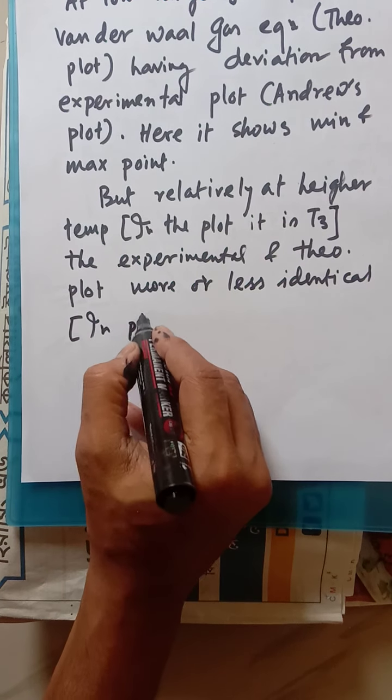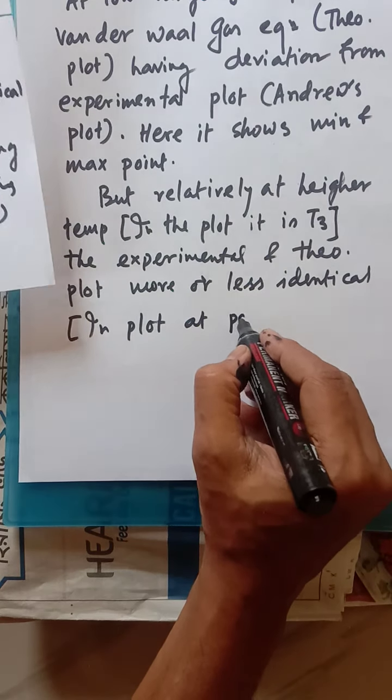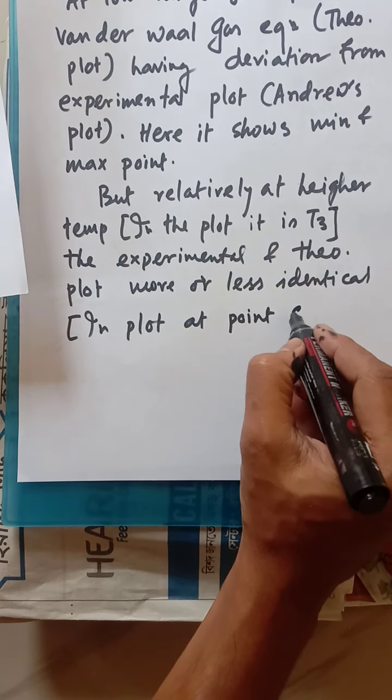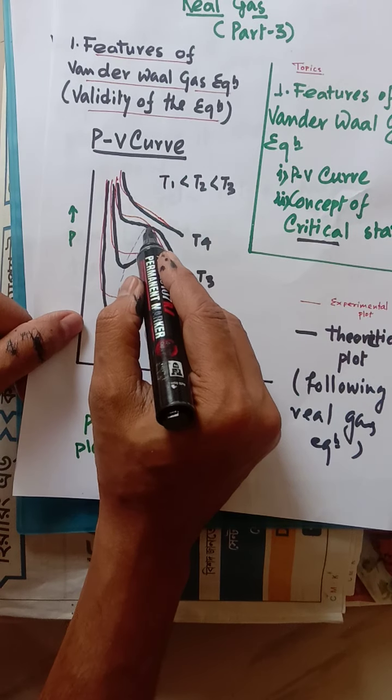In the plot at point C, there is no minimum and maximum.